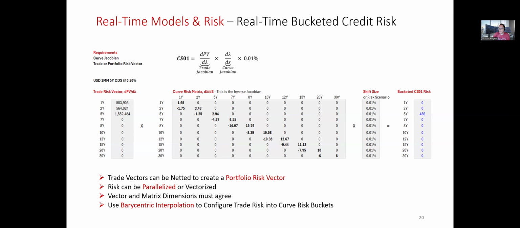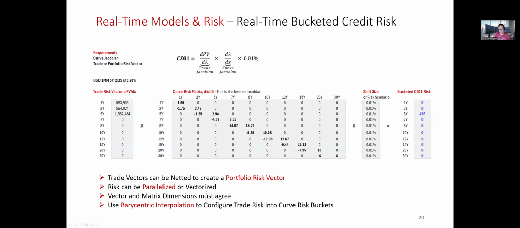You could say, what if hazard rates change by an amount larger than the 1 basis point standard? Now, for a 5-year CDS, when you do all of that, you get this factor back, which is your bucketed risk, and you can see all of the risk is falling into the 5-year bucket because we calibrated to a 5-year CDS. So all of the risk is in that bucket, which means you could hedge a 5-year CDS, surprise, surprise, with a 5-year CDS.